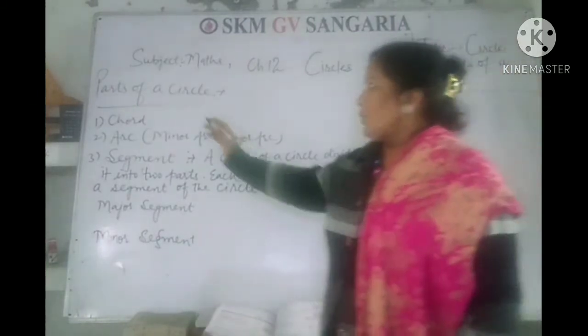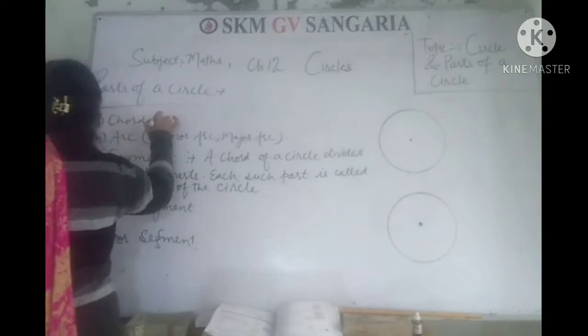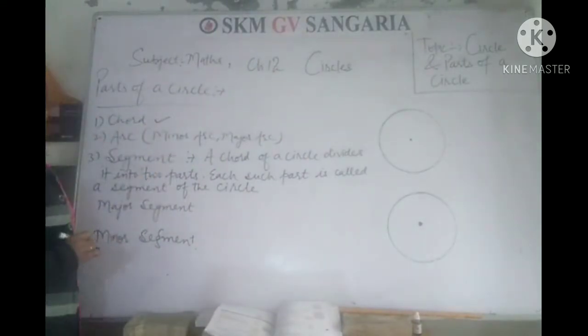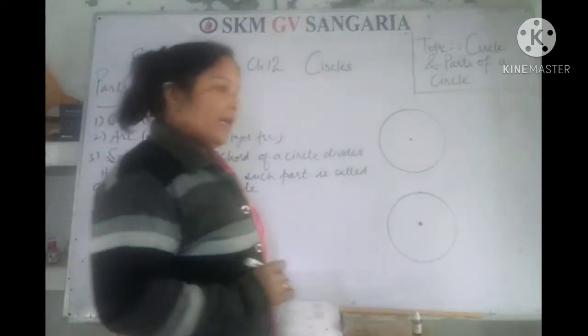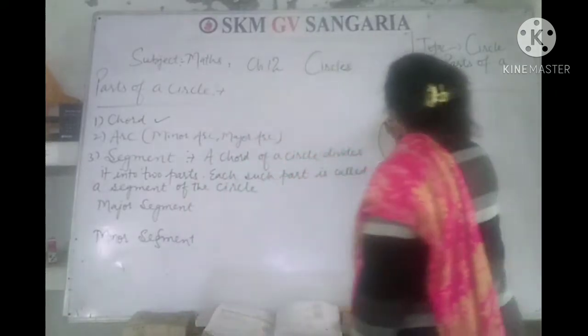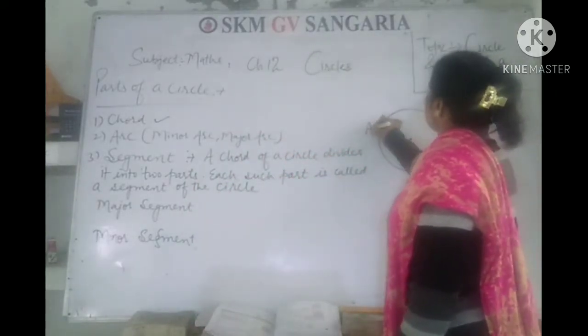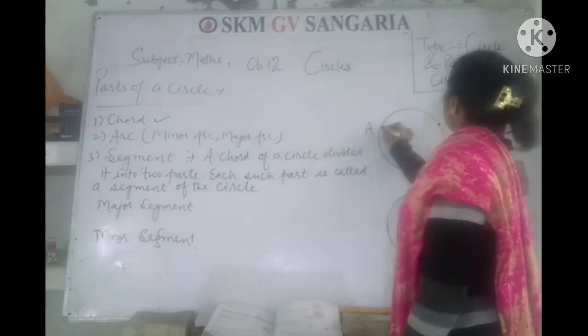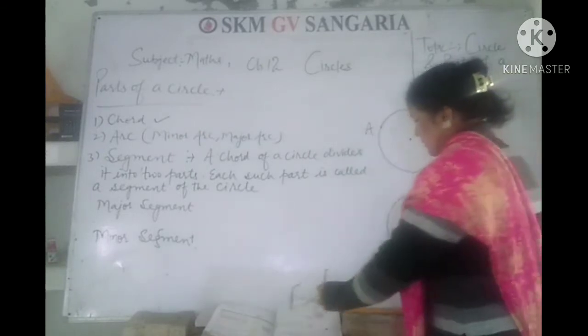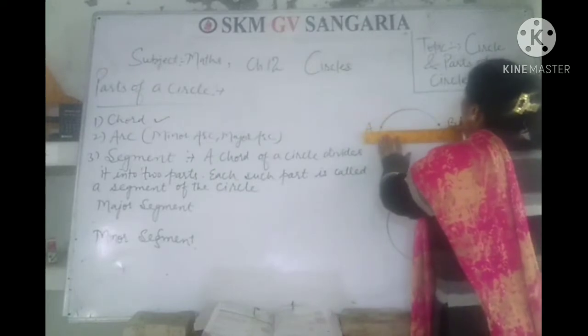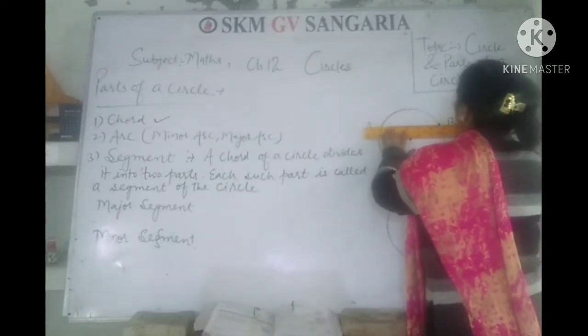I have taught you about a chord. When we take 2 points on the circumference of the circle and connect these 2 points, a chord is formed.